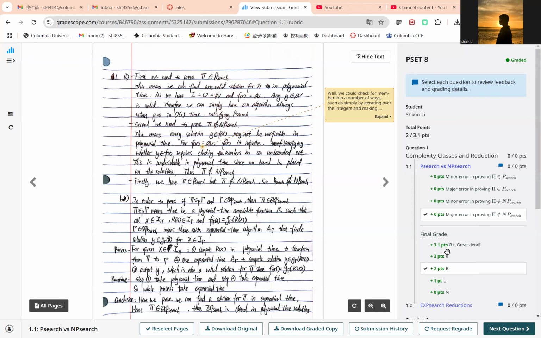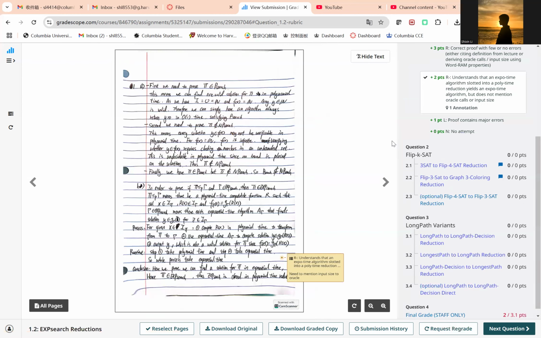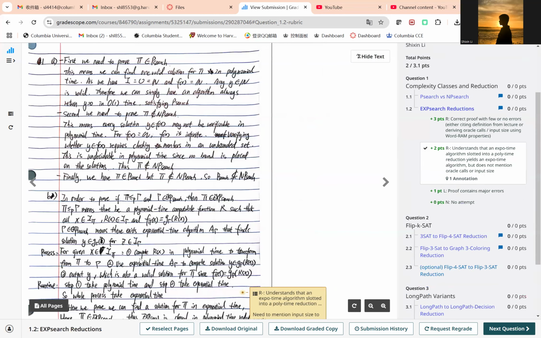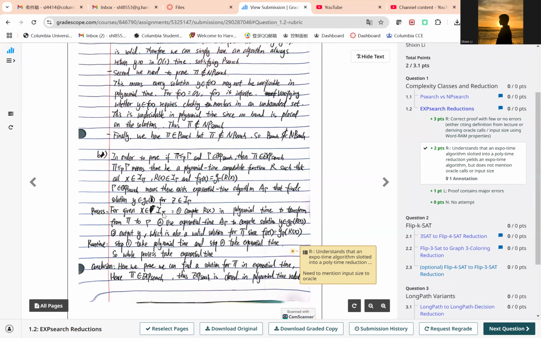And the next question is the exponential search reduction. In this part, what I was missing is that I didn't mention the input size of the oracle.